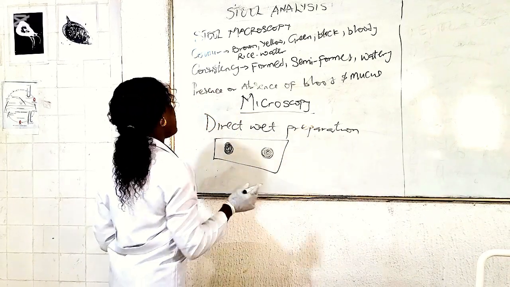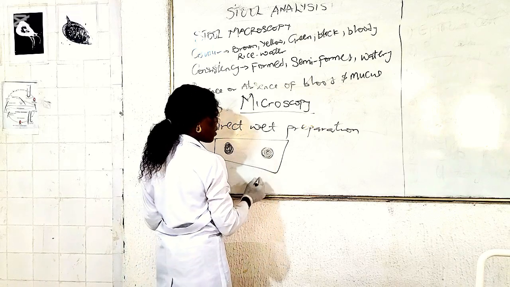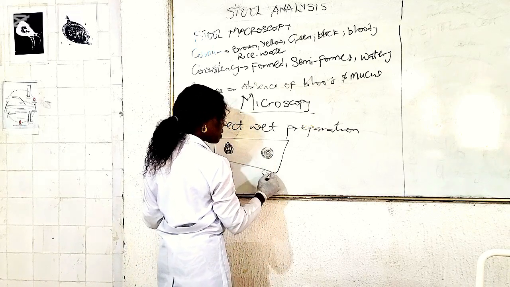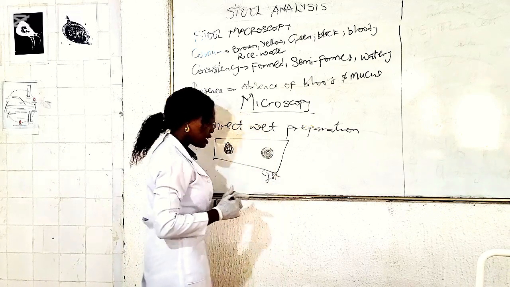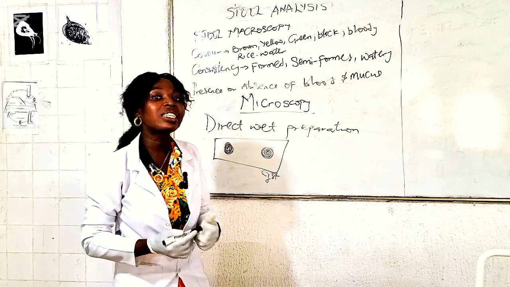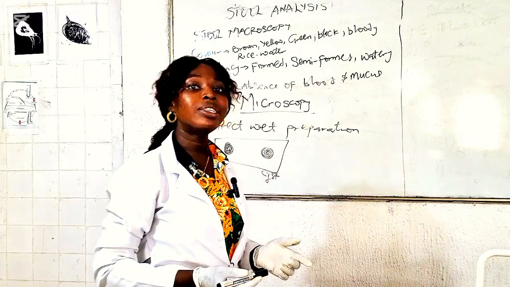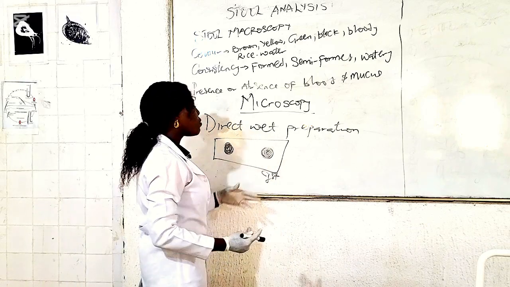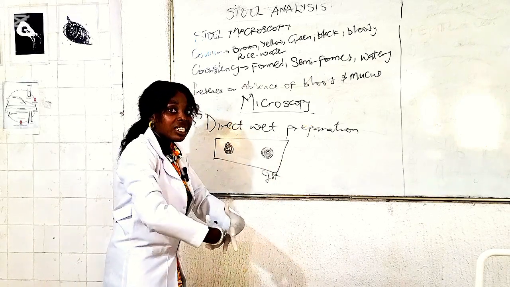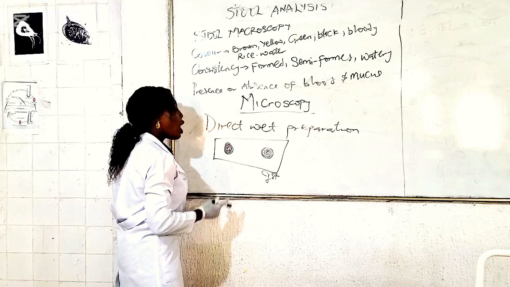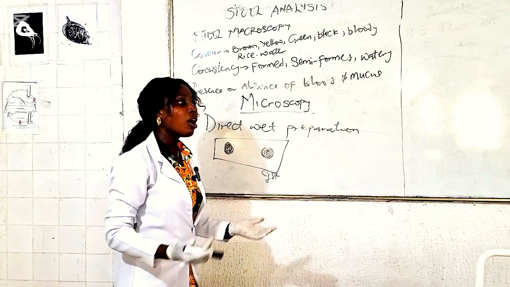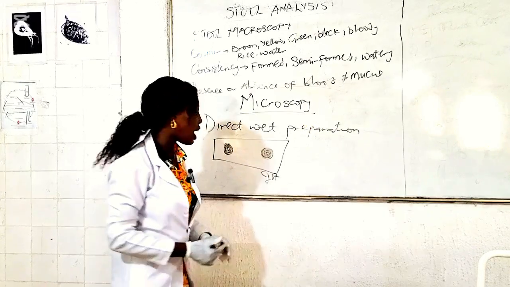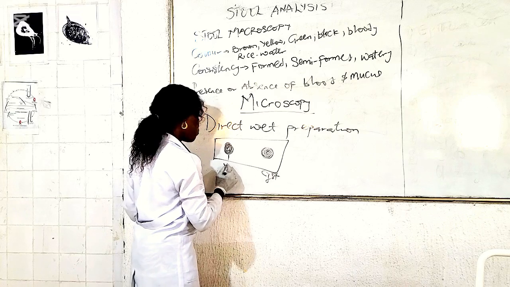Now, the iodine part helps you to identify cysts, as some parasites are seen in the form of cyst, like the cyst of Giardia lamblia. So the iodine will help you identify parasites that are in cyst form. Now this will help you identify parasites that are in egg form.